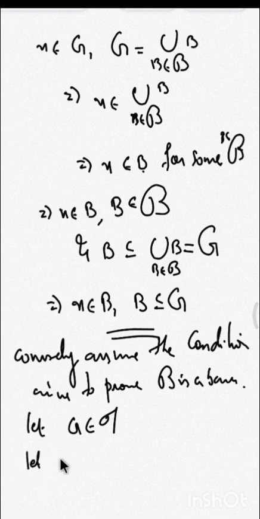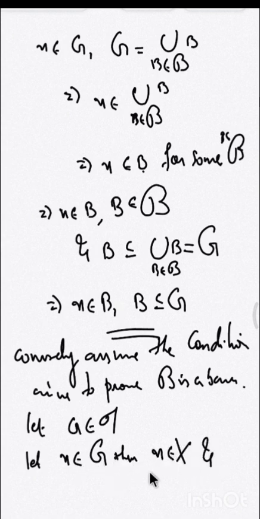Let small x be an element in G. Then small x belongs to capital X and G is an open set containing small x. Now we have the element and an open set containing it.